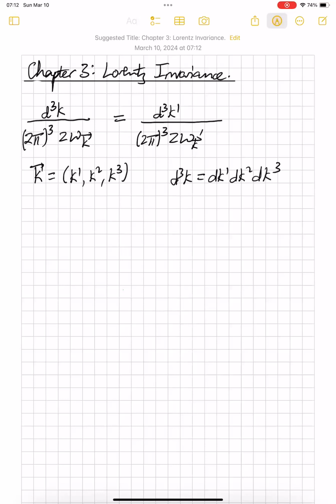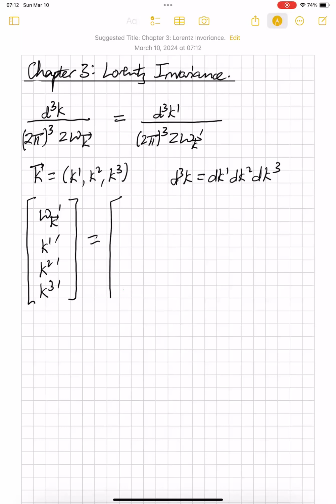So what I want to do is tell you how ω_k', k1', k2', and k3' are related to ω_k, k1, k2, and k3. And like I said, I'm going to do a boost along x.